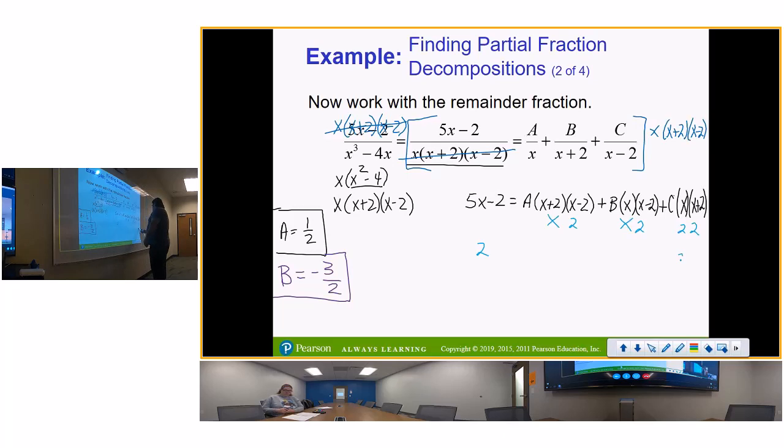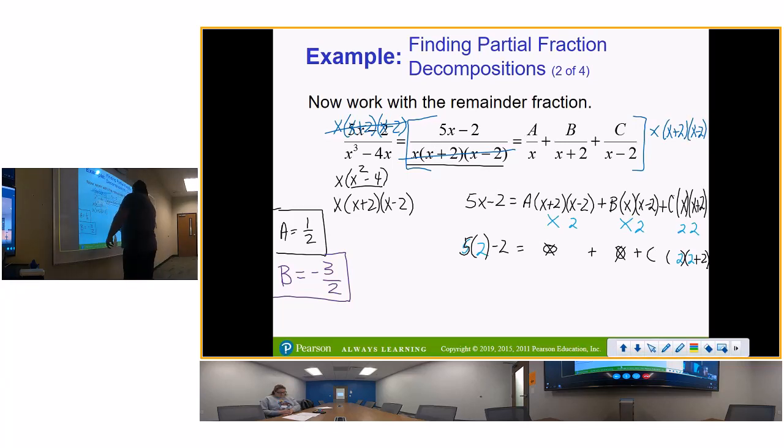and 2, 2, 5 times 2 minus 2 is equal to, that goes to 0, plus 0, and then plus C times 2 plus 2.